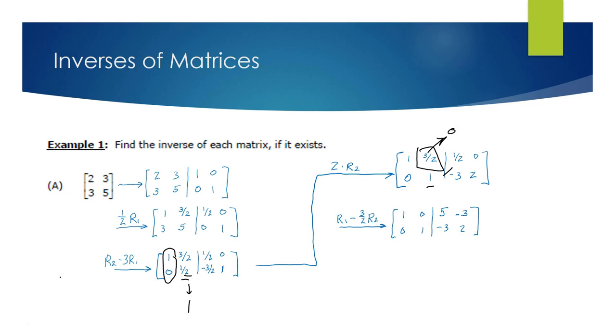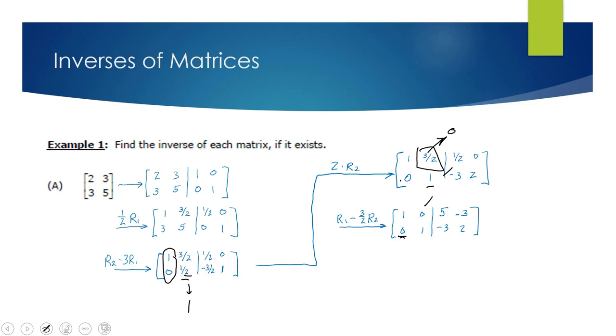1 minus 3 halves times 0 is 0, so again, this has remained unchanged. 3 halves minus 3 halves times 1 gives me 0, which is what I wanted. 1 half minus 3 halves times negative 3 does give me 5.